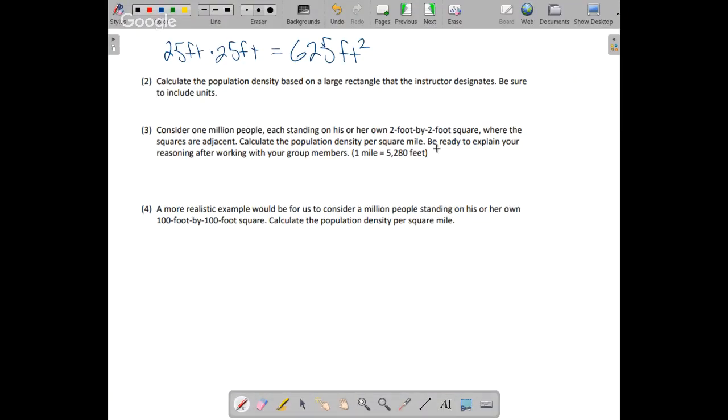And we take that same group of 10 people. Now we have a different density here. The density in this case, which is again people per area, and in this case area is square feet, we have 10 people divided by 625 square feet.